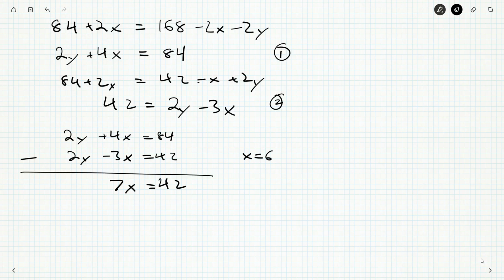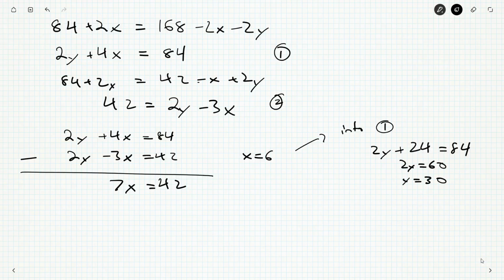And now it doesn't really matter which equation I plug back into. Let's say 1. 2y plus 4 times 6, 24, is equal to 84. So 2y is 60. Y is equal to 30. Okay.